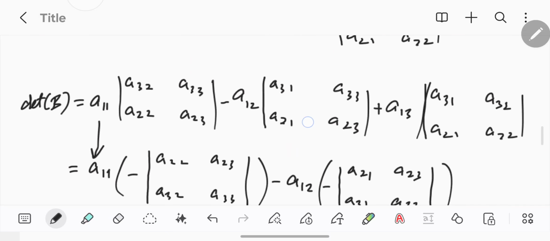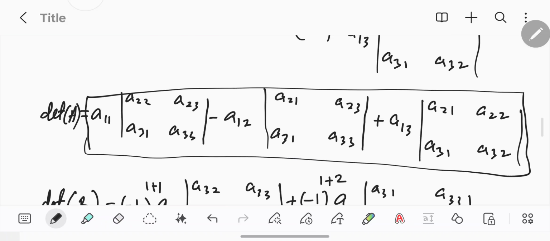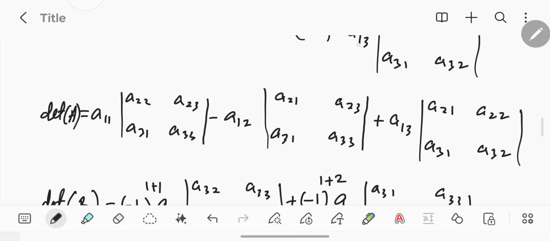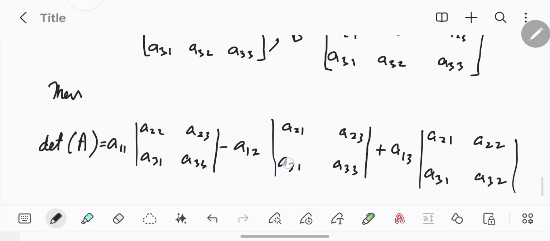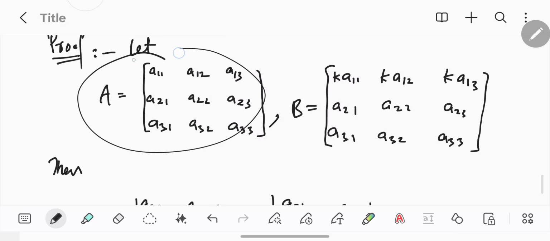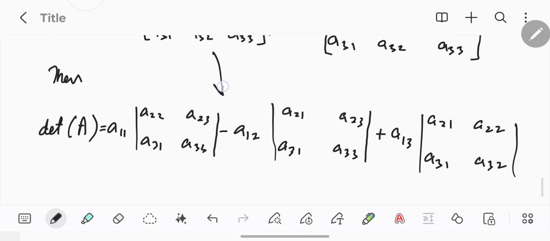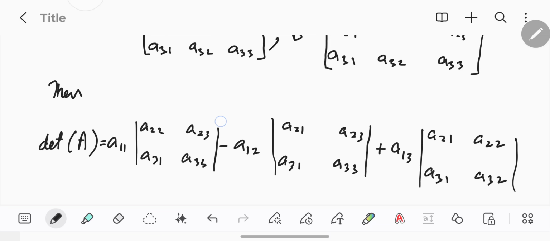You can check that the determinant of A is this one. So I can copy this determinant because this is the same A. So the determinant of matrix A is already found.